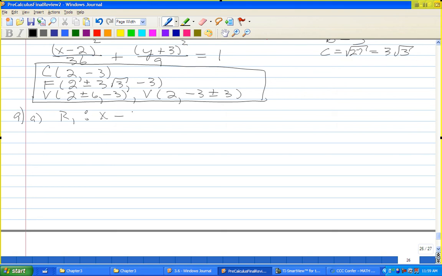x minus 2y plus 3z equals 11. 2x plus y plus z equals 2.